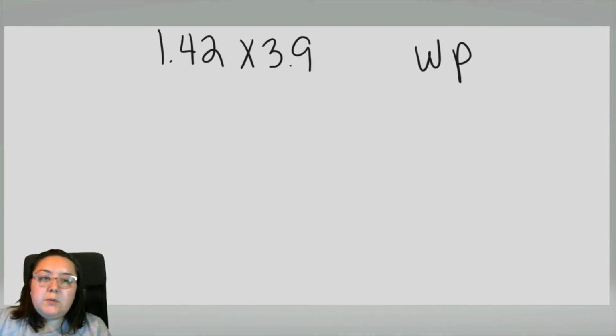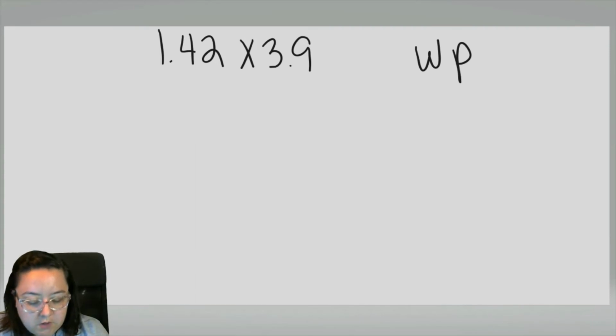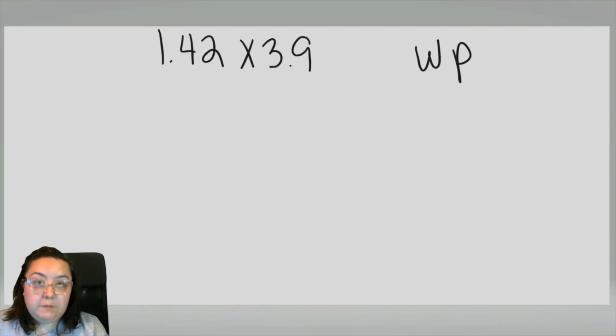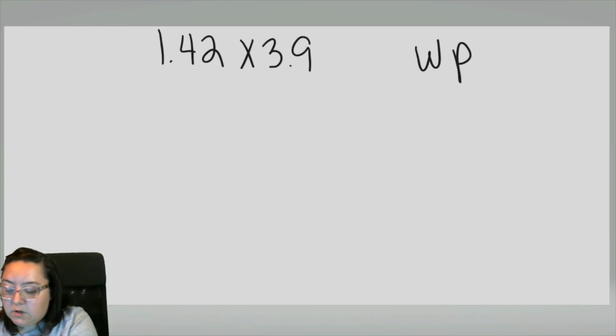Now the steps are pretty similar to the last one as far as where you start, but with these problems what I tell my students to do is to kick them out before you set the problem up. So we look at our original problem and we look at how many decimal places should be in our product. So we kick them out.